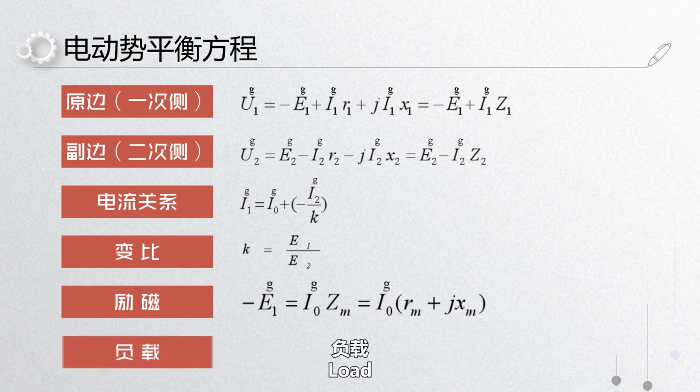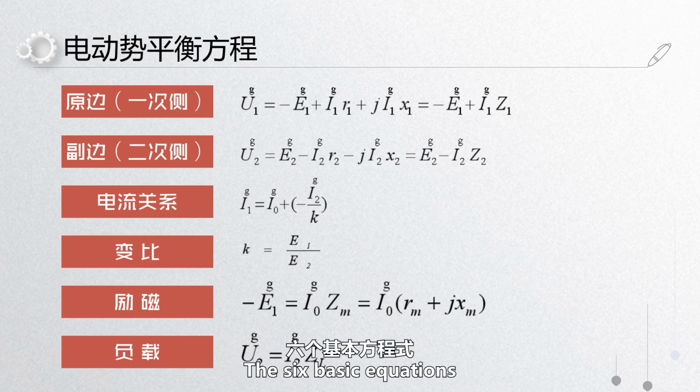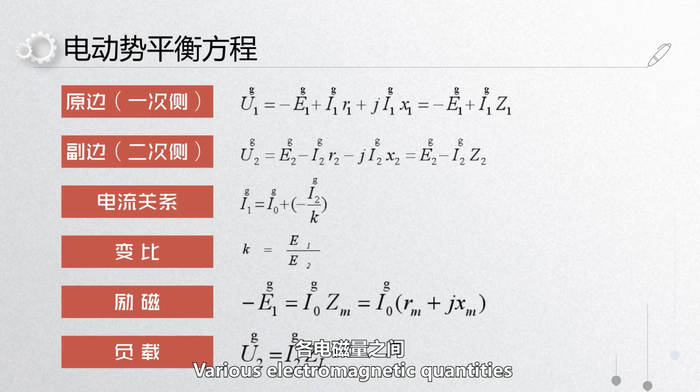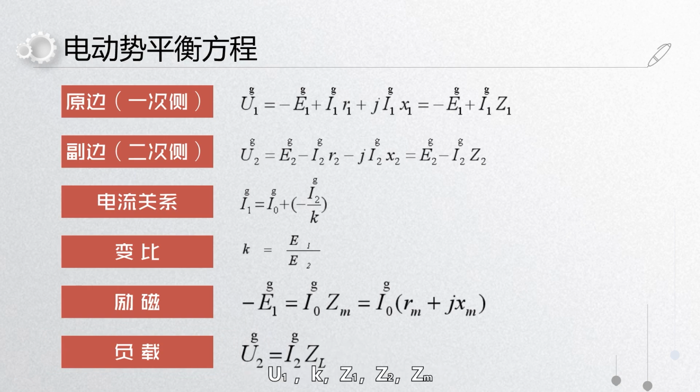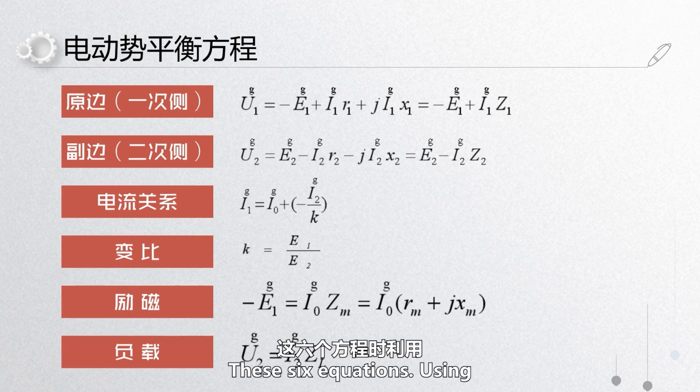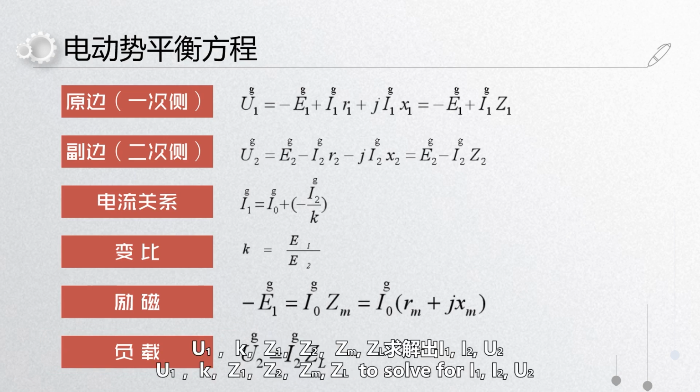Load: U2 equals I2 times ZL. This is the transformer in steady state operation. These 6 basic equations are simultaneously satisfied by the various electromagnetic quantities. Using U1, K, Z1, Z2, Zm and ZL, these 6 equations can be used to solve for I1, I2 and U2.